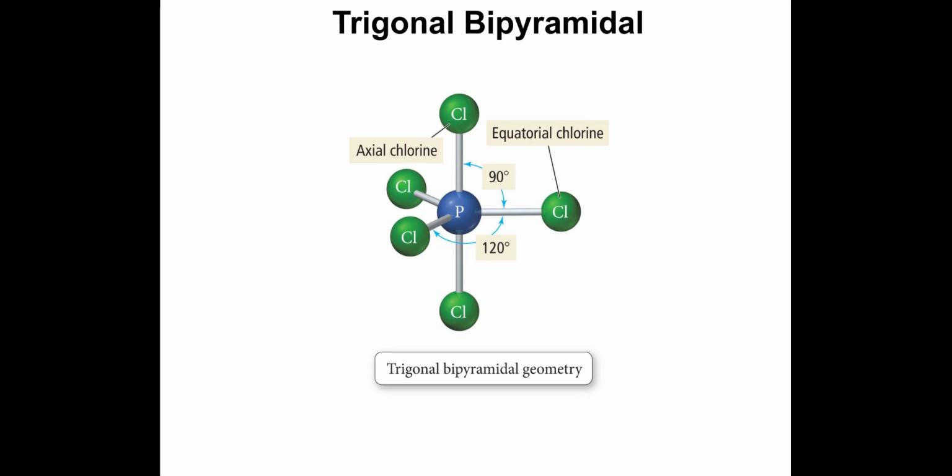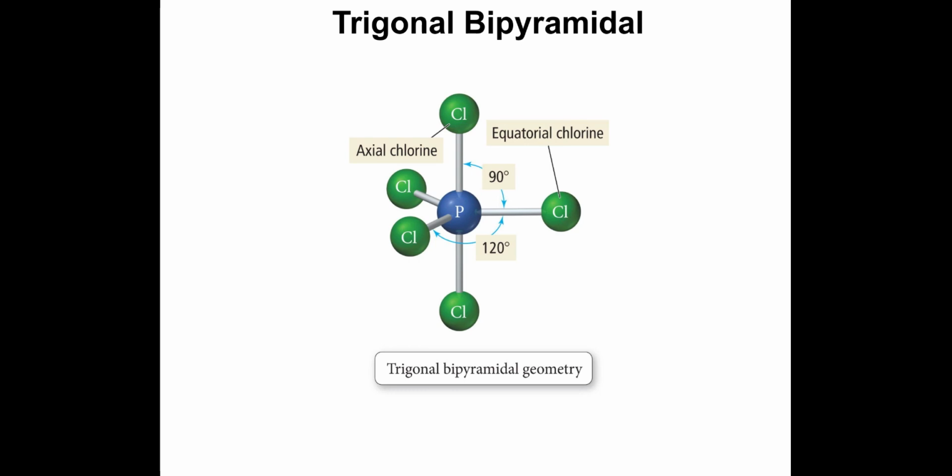And you can think of this as like the Earth. The central atom is like the Earth, and you've got the poles, right? You've got the axes of the Earth, the north and south pole. So you can remember that that's why we call these the axial position. And so you could think of these as the north and south pole. And then if this is the Earth, on the equator, these 3 atoms would be bonded along the equator, spread out at 120 degrees.